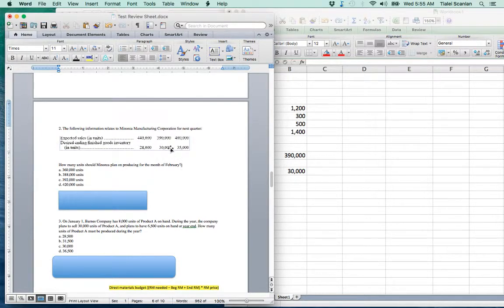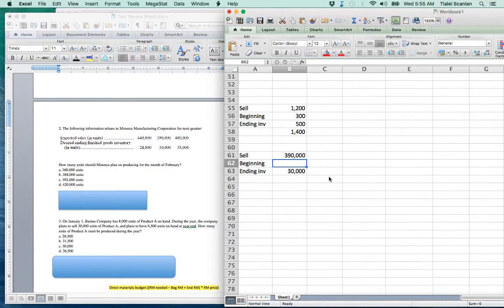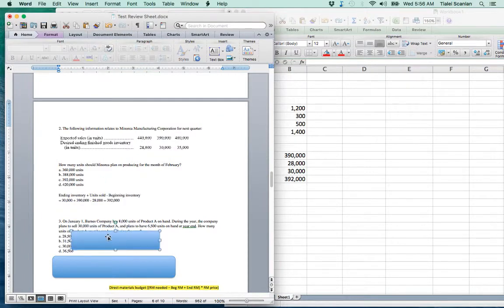So at February 1st at 12:01 a.m. it's exactly the same. So 28,000 is our beginning. Following our formula, we start with the amount we're selling minus our beginning, and then add our ending inventory requirements. So I got 392,000 units, so I got C on this one.